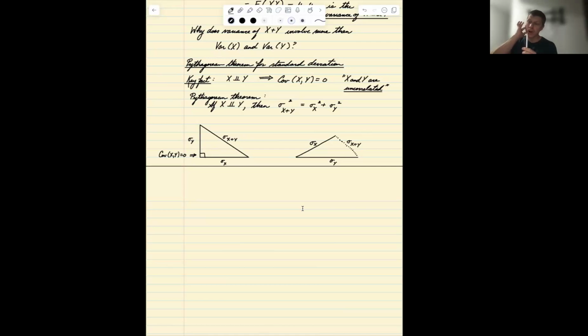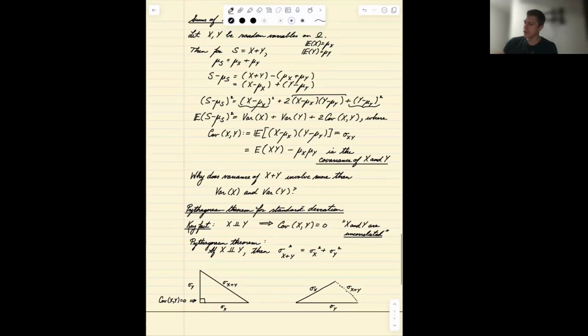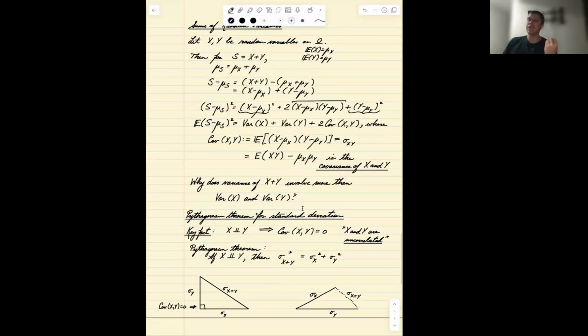So these have a covariance, and we have to take into account how they vary together and adjust the variance of the sum accordingly. For example, if every time x is very large and positive, y is very large and negative, then they would have a negative covariance.